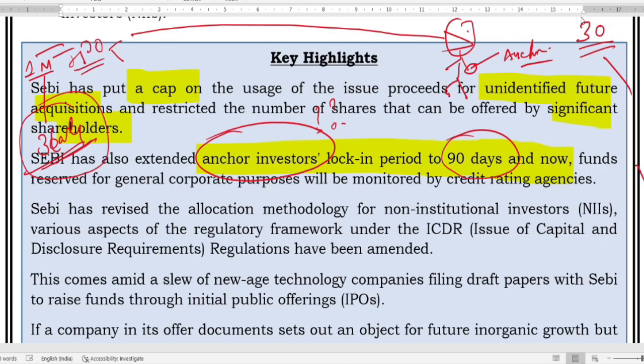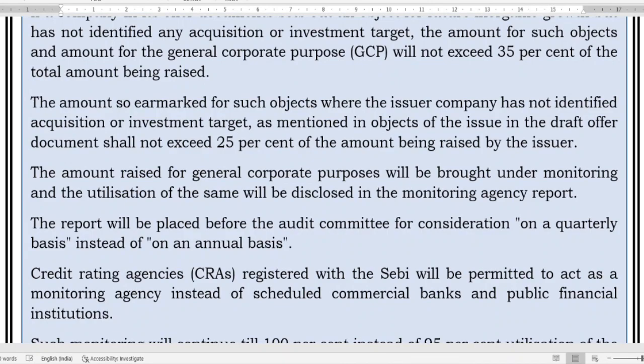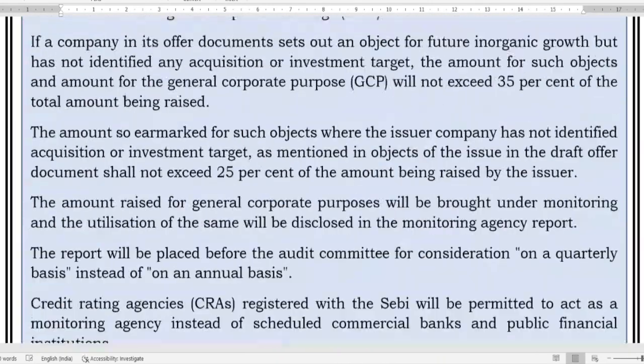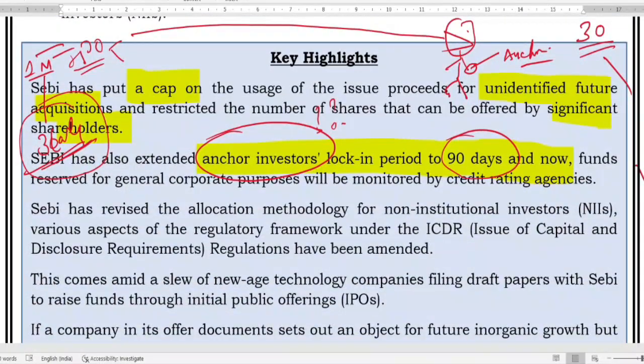Then the stock's price falls. We have seen it in the case of Paytm; it falls down. So now SEBI has increased it to 90 days, so that there is not much volatility till 90 days, because anchor investors invest in a huge quantity of shares.